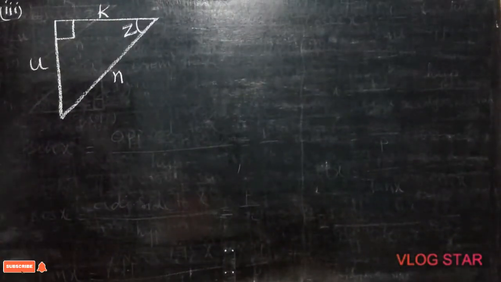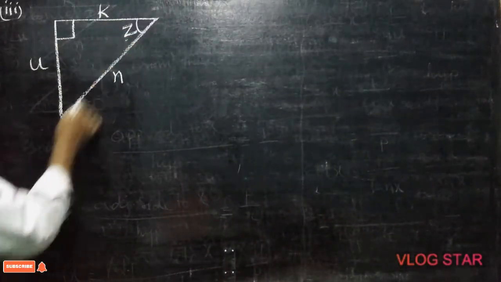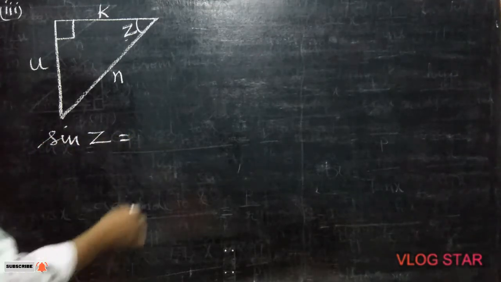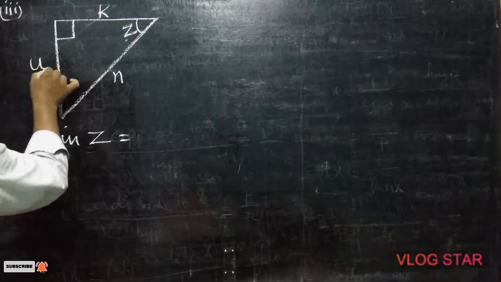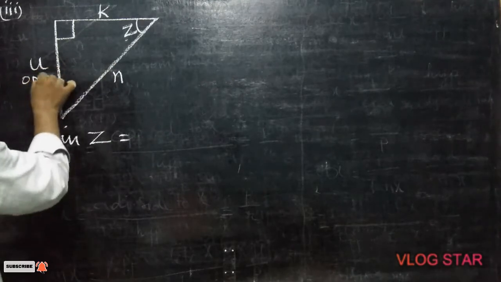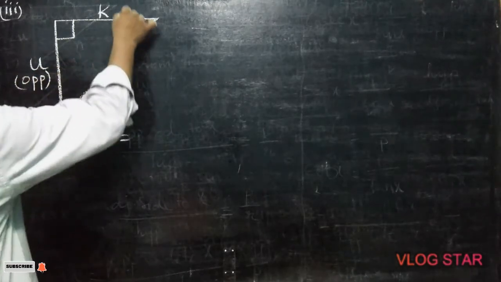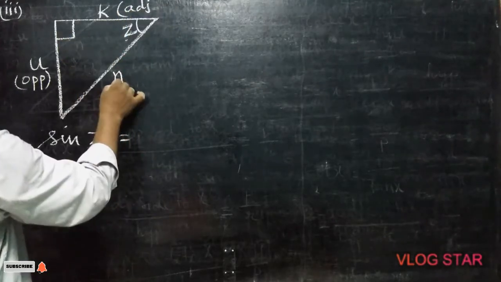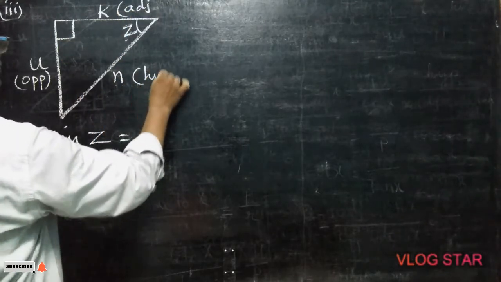Now third bit, they are asking z. So sin z is equal to, for z, which one is opposite? U is opposite. Which one is adjacent? K is adjacent. And opposite the 90 degrees? Hypotenuse.